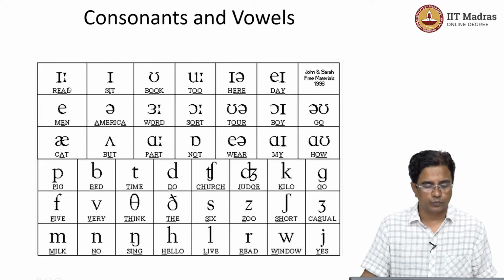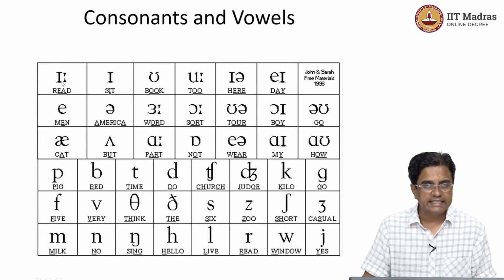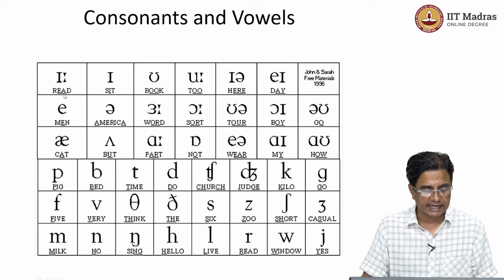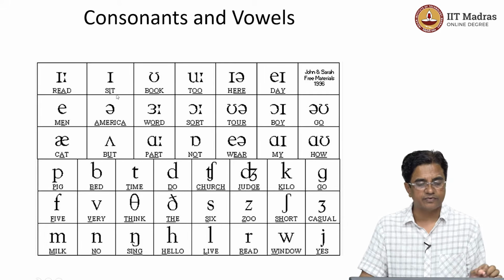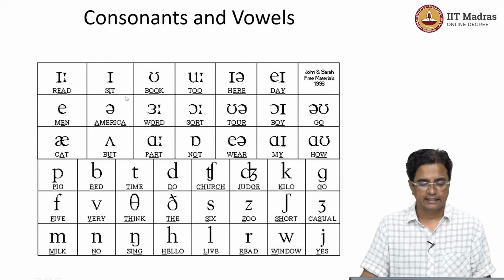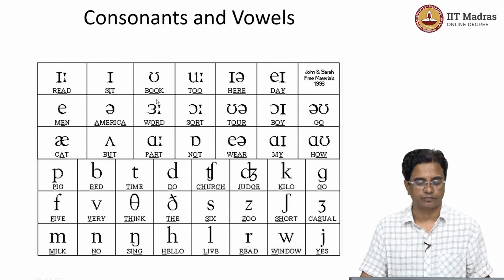So, those sounds are E, as in read, and sit. This E sound is shorter than the previous one, as in sit. And likewise, you see all of them.